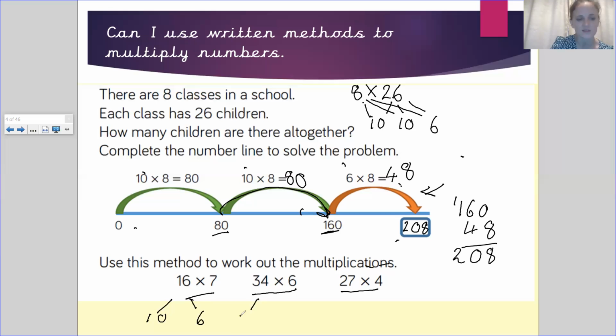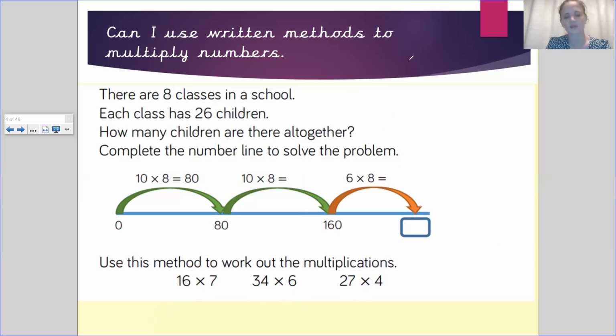You can do this into 10, 10, 10, and 4, and you would times each one of those numbers by 6 and then add them together. This one you could break up into 10 and 10 and 7 and then add them all together. So take a moment now to work out these questions, and then let's move on to the next slide.